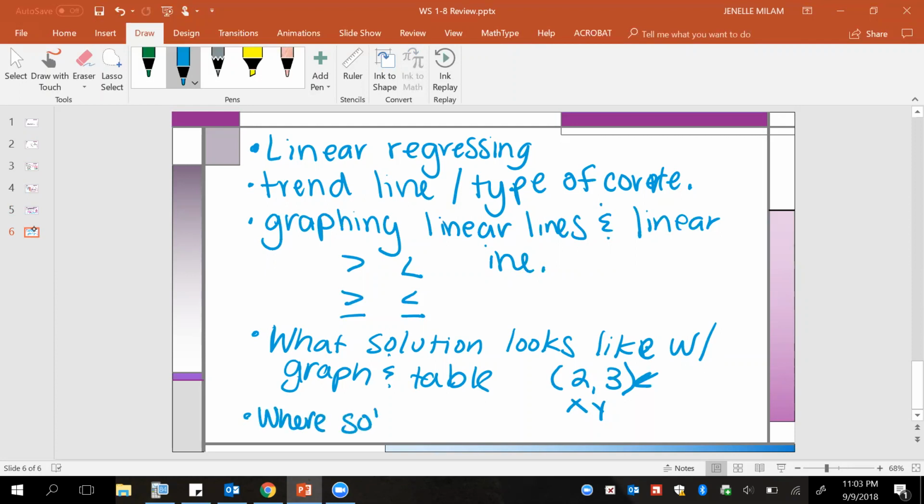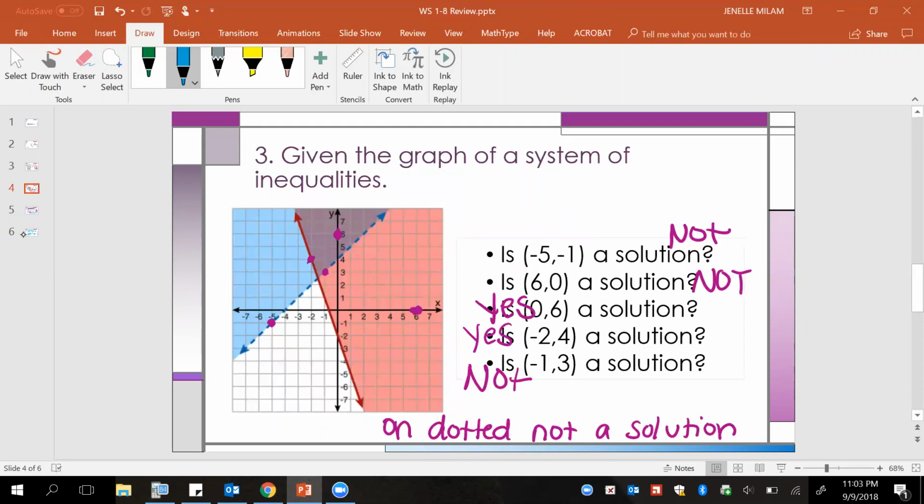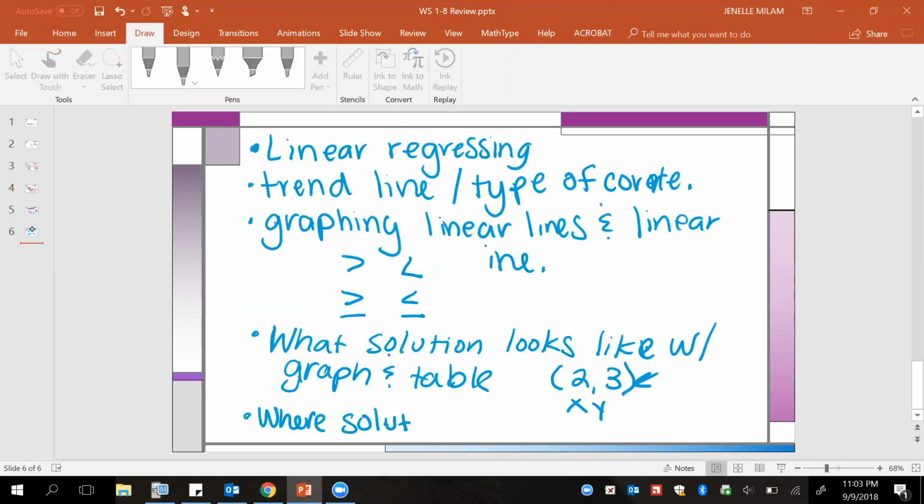So that's like the points on this one that we looked at, what solutions look like on inequality graphs. So I know that doesn't really look like a whole lot, but it encompasses a lot of things.